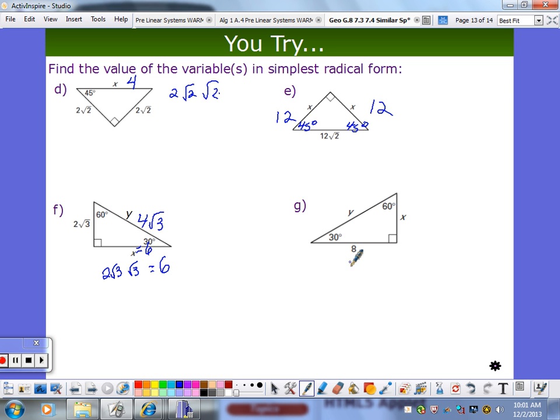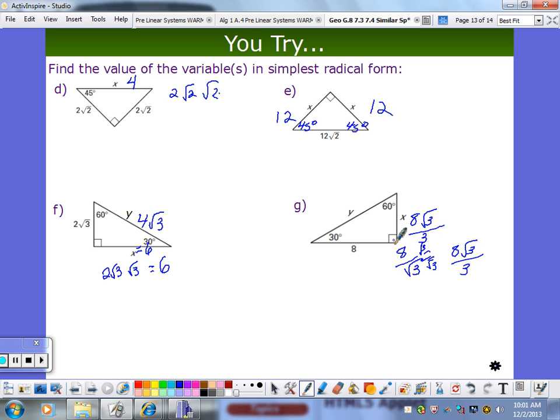60. The bigger leg is 8. How can I find the shorter leg? Divide by the square root of 3, because the shorter leg times the square root of 3 is the longer leg. Uh-oh, remember how to do this? Rationalize the denominator. So you get 8 rad 3 over 3. Anybody remember this at all?